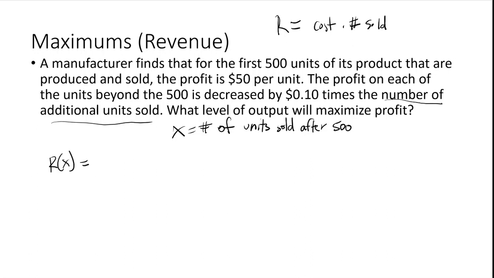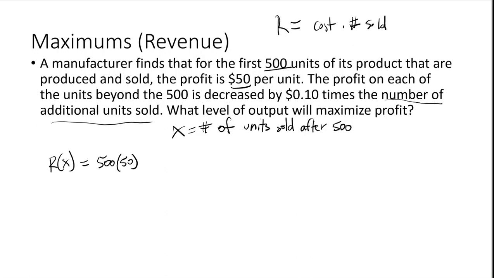First of all, they are going to make $50 per unit for the first 500 units, and then after that is when we start changing things. So it is guaranteed that 500 times 50 is the revenue that they're going to make just straight up on the first 500 units.